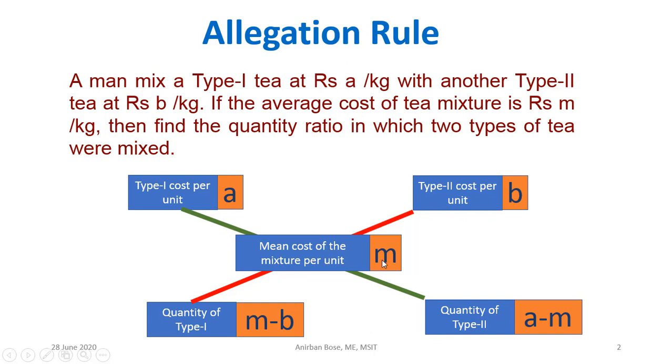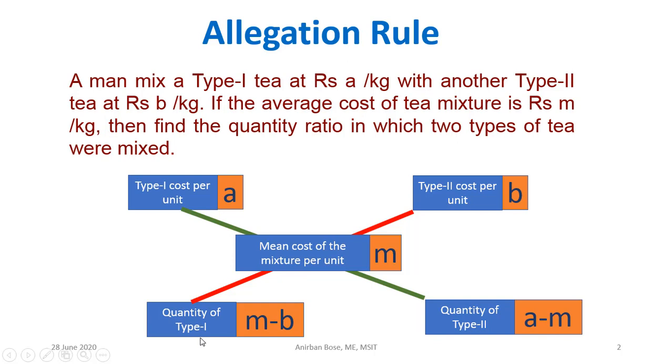Then the quantity ratio in which type 1 and type 2 were mixed will be found simply by taking the difference along the diagonal. That means M minus B is equal to this, and A minus M is equal to this.